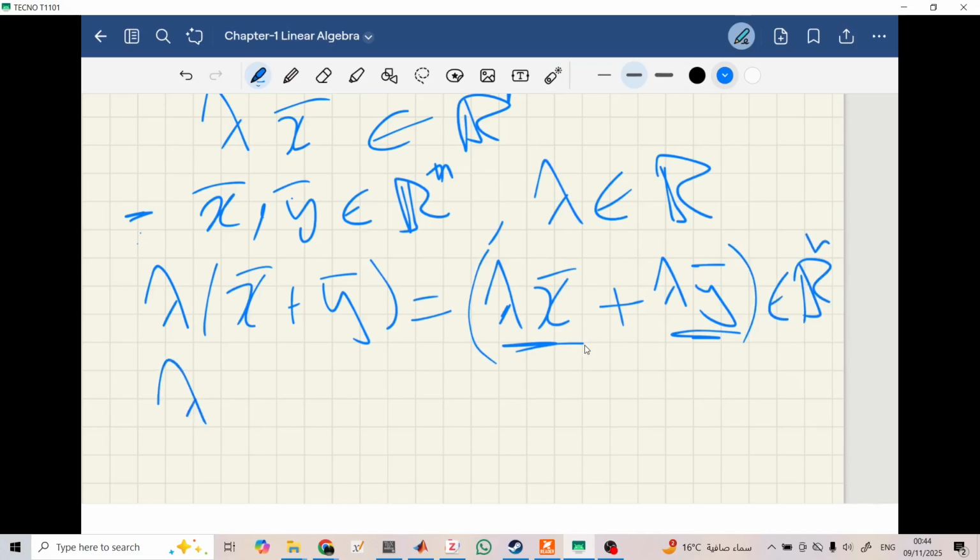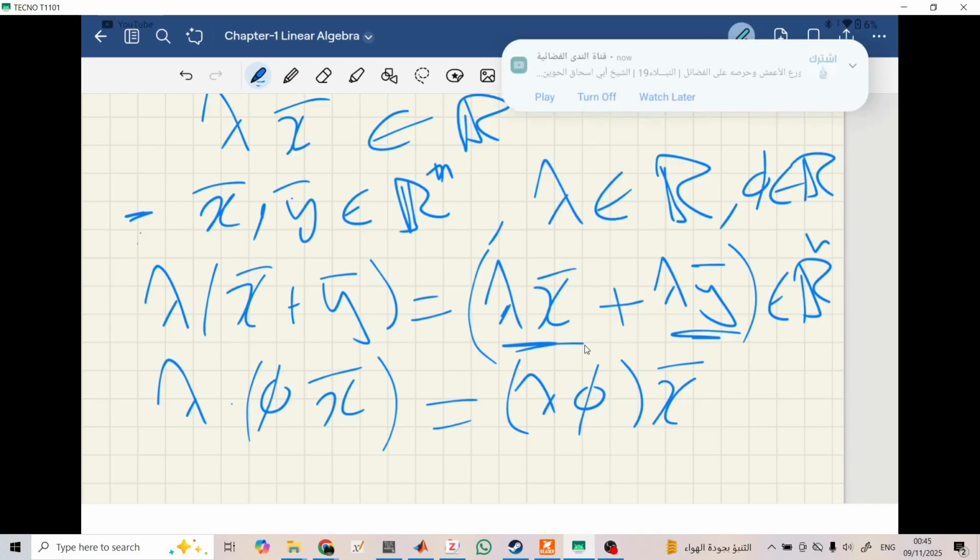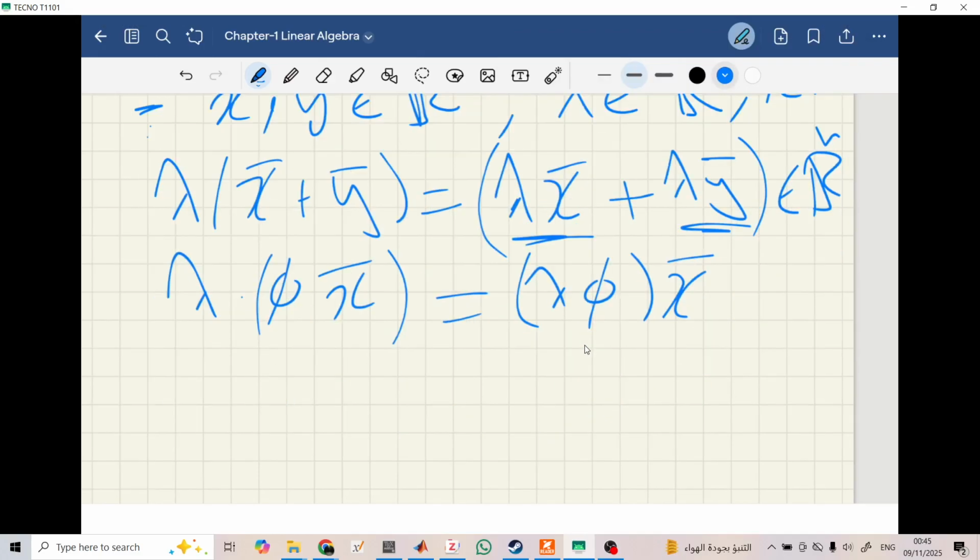Of course, lambda and phi, so let's say phi also belongs to R, sorry. You can change the order easily, right? So this is not a big deal. Now that's good.